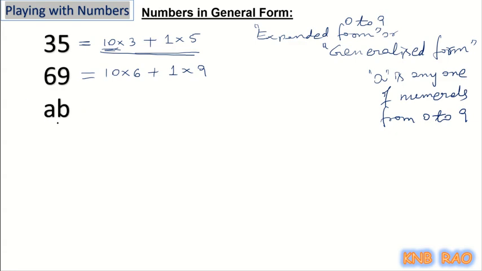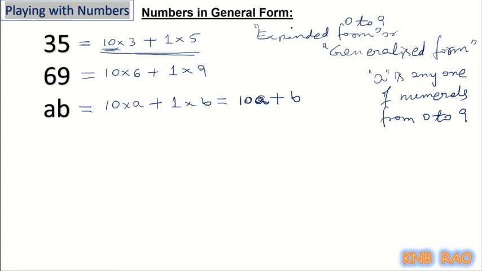If I am asked to write the generalized form of AB, it is not A into B, it is nothing but 10 into A plus 1 into B. This is the generalized form. Normally, we write this as 10A plus B. We have seen such things while learning the linear equations chapter.